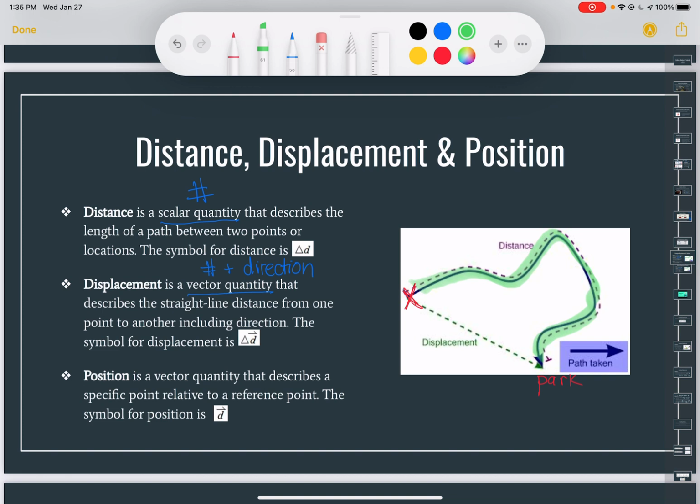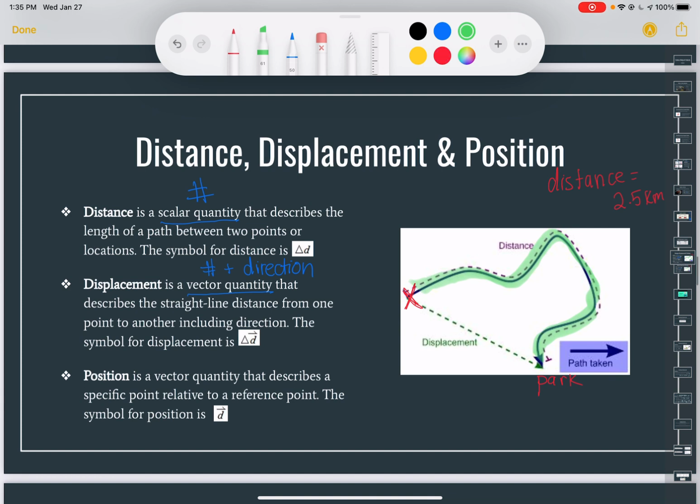So let's say this park is a little ways away, and if you were to walk there, you would go, I don't know, 2.5 kilometers, let's say. So I'm going to say that my distance is 2.5 kilometers. But if I was being lazy or adventurous, I could decide not to take the path.